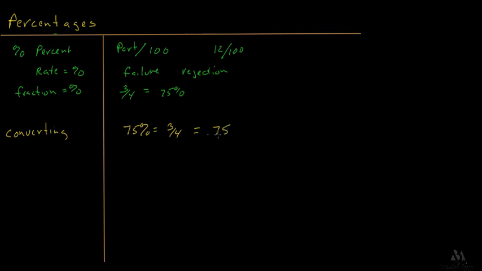Now you'll notice the difference between 0.75 here and 75 is the decimal point. So if we have a decimal number, to get percentage, we simply have to move over the decimal point 2 places to get 75.